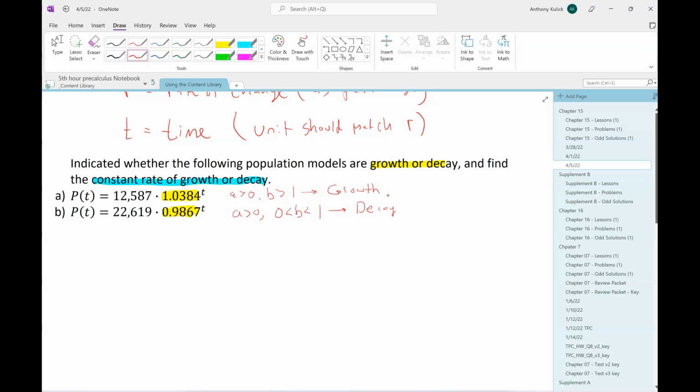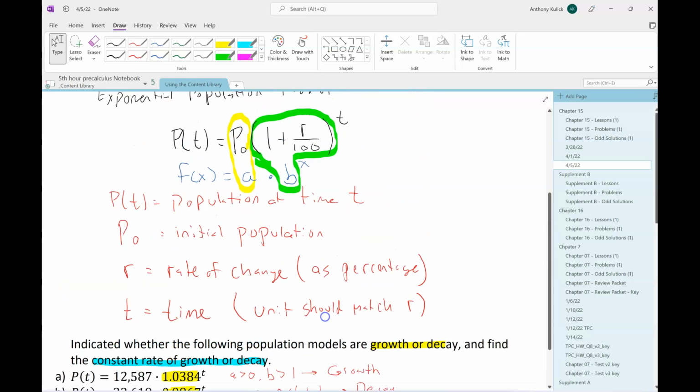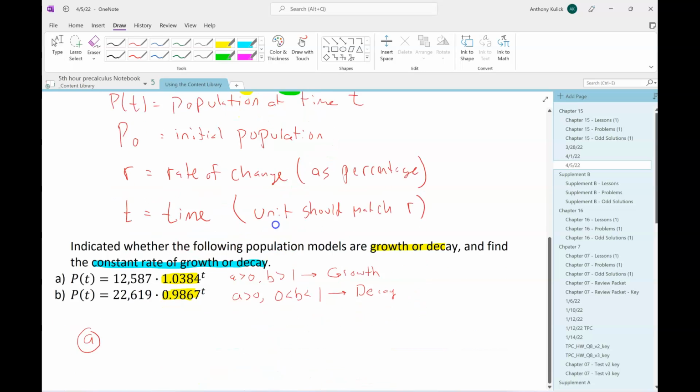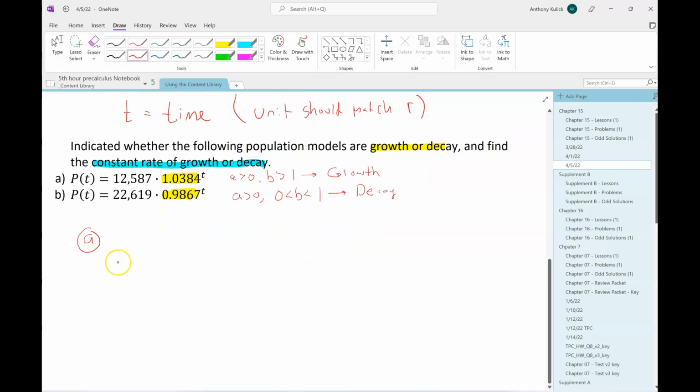Okay, so we sorted the growth and decay part out. How are we going to get that constant rate of change part? Well, remember what I highlighted in green here earlier? That 1 plus R over 100 is really the same thing as our B. That's what I'm going to use.